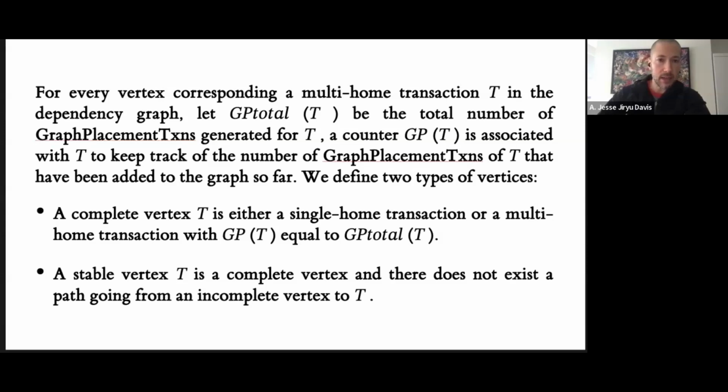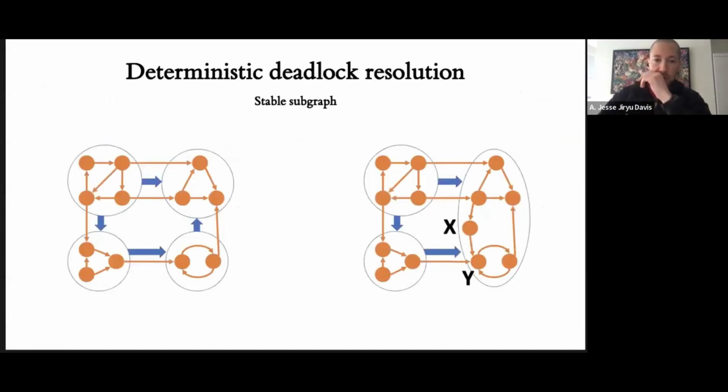The claim then, I think, is that a stable subgraph is made of all stable vertexes and you can schedule it and execute it at your region with no coordination with the other regions. And all of the regions will execute the same transactions in the same order.